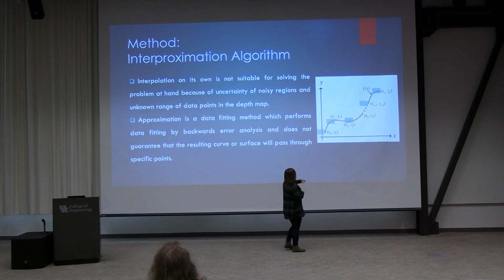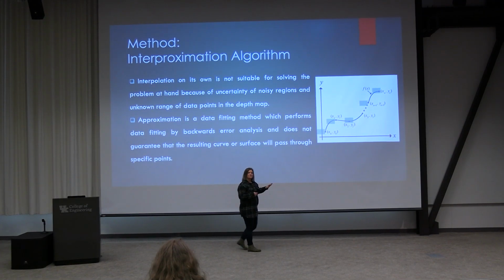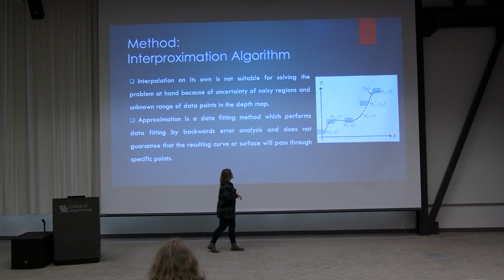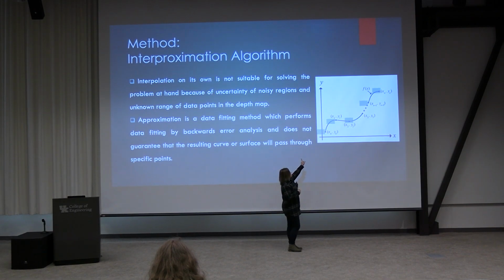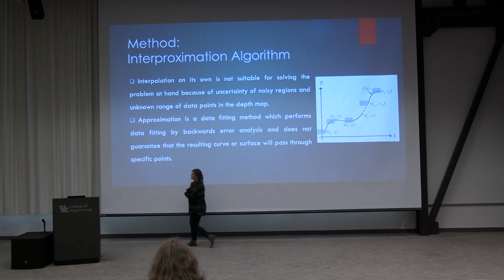So here's an example. Here I would have some data points and some regions. The curve itself doesn't have to pass through the points. It just has to pass through those regions to approximate that curve. So here I still have the curve that passes through the points, sort of, but if you specify a different point that is not on the curve, it can approximate it without passing through.